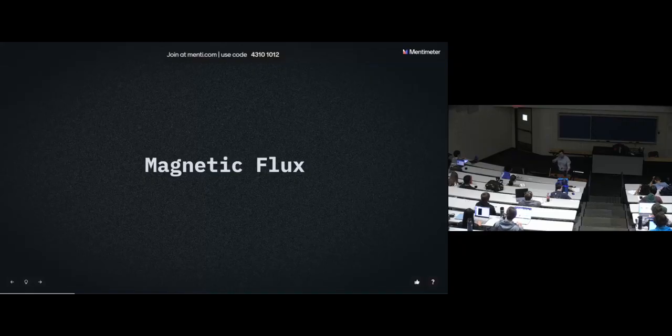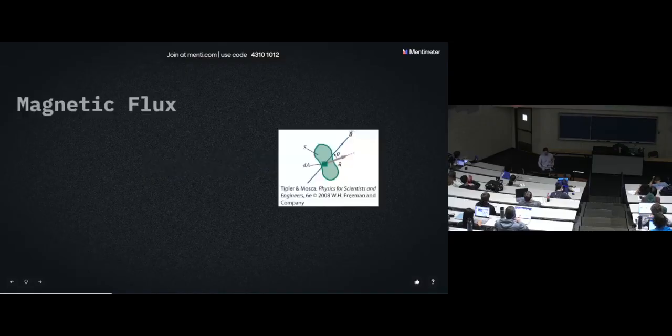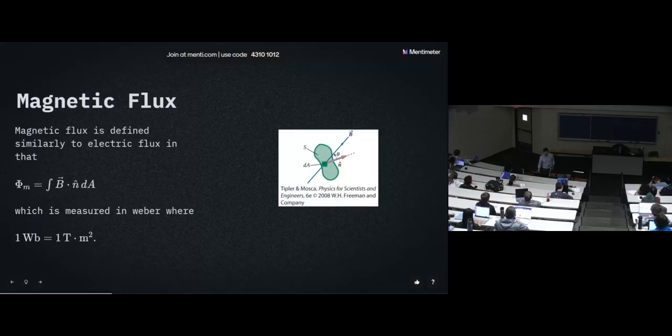So where we're going with this is magnetic flux, which is a measure of how much magnetic field passes through some surface. That's all it is. If you want to measure the magnetic flux, as we similarly defined it for electric flux, it is the magnetic field dotted into the normal vector of a surface times the differential area, and then you integrate over that region.